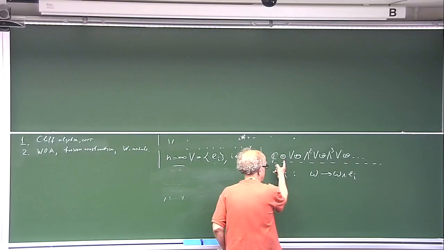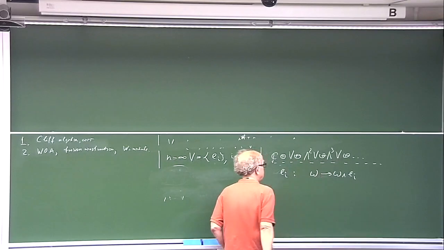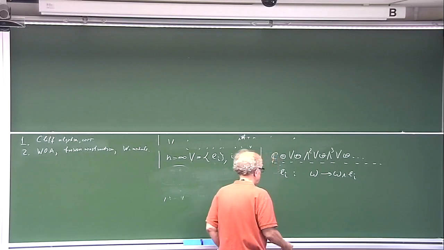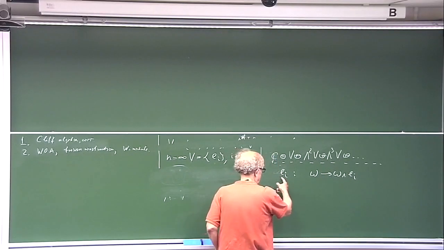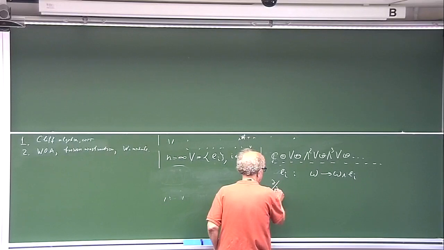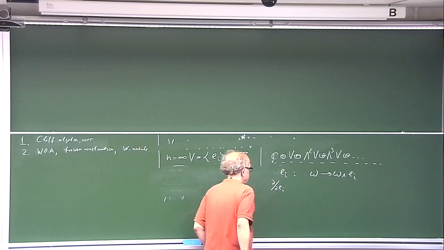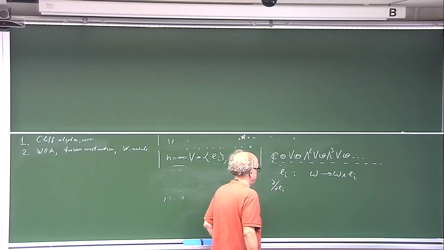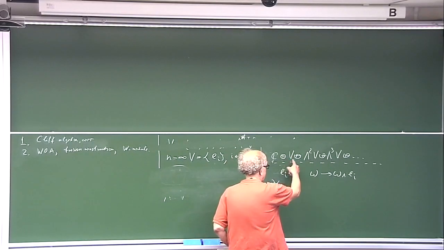Yes, another possibility is the following, because it is like skew polynomials in odd variables, so I can determine operators like this. What do these operators do? They take a form here.